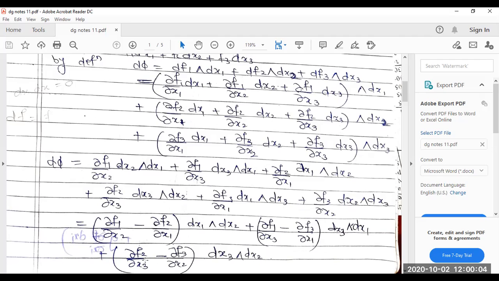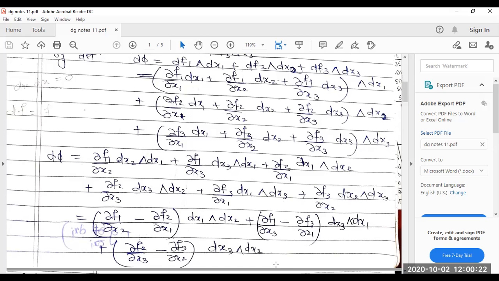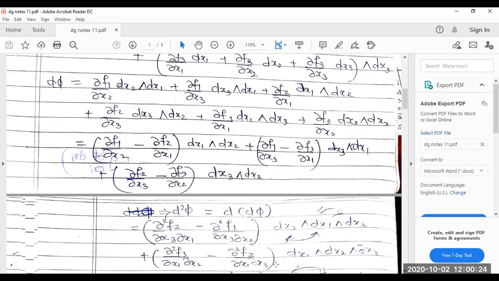Similarly, you can work for the third one, and finally for every expression we have only one term, because all the other two terms will be 0 due to this wedge product. Here in the first one we will get an expression with x1 x2 x3. Here x3 x1 x2, x3 x2 x1. Now we have to change the order of these so that we can get the result.